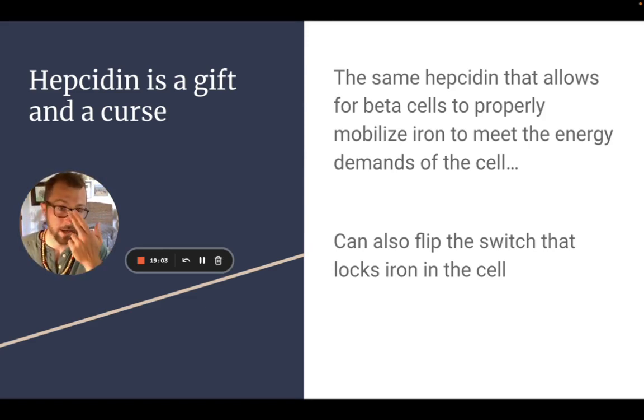It's really important. But that same hepcidin that allows for that properly mobilized iron to meet the energy demands of the cell can also become a bit of a problem in states of excess iron. Because what can hepcidin also do? It can release, but it can also lock that iron in its place.